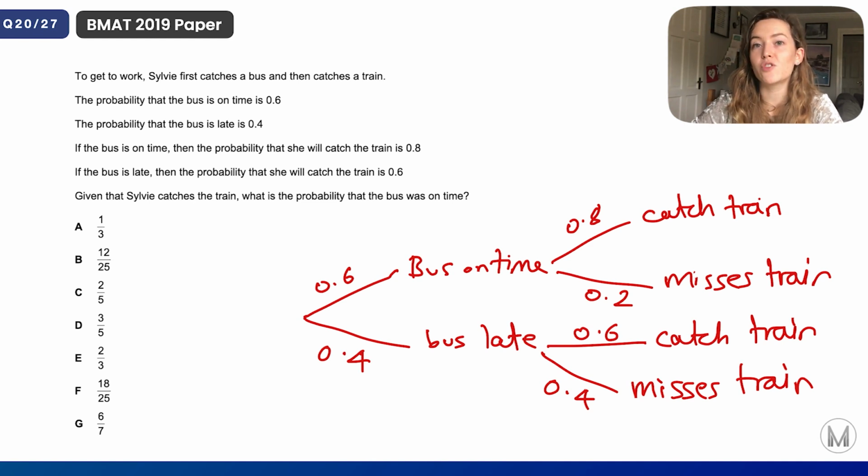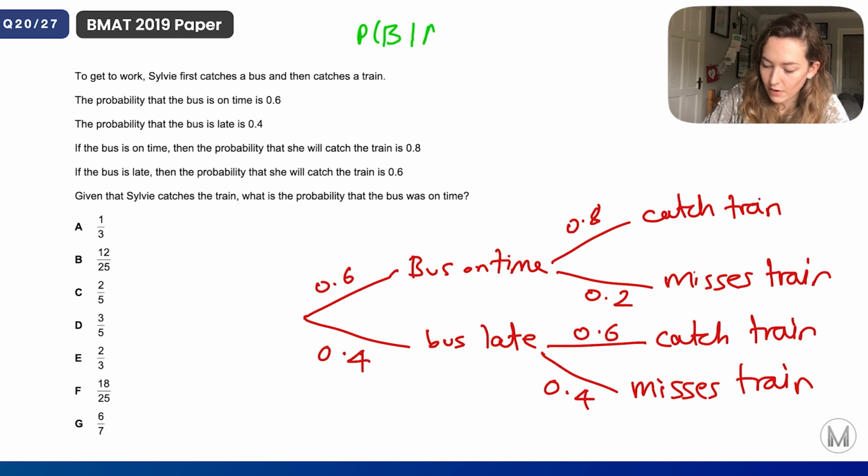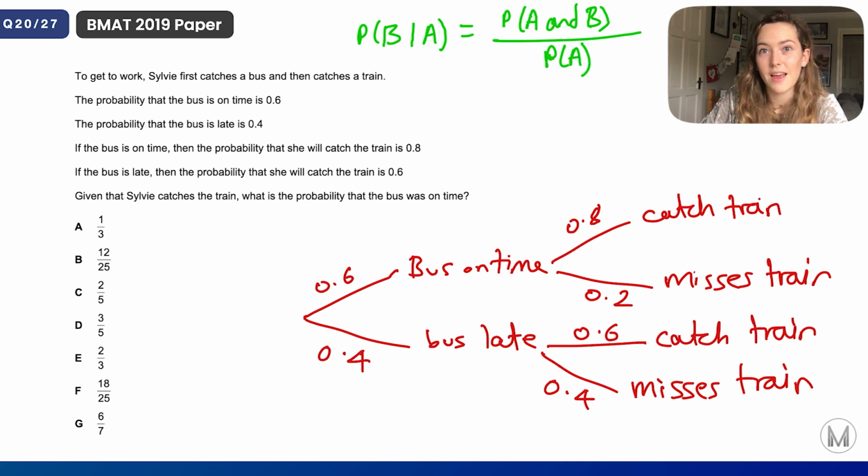The question contains the words given that, so we need to recall our given that formula. So our probability of B happening given event A is equal to the probability of A and B, divided by the probability of A. In this case, event A is Sylvie catching the train, and a given event B is the bus being on time.